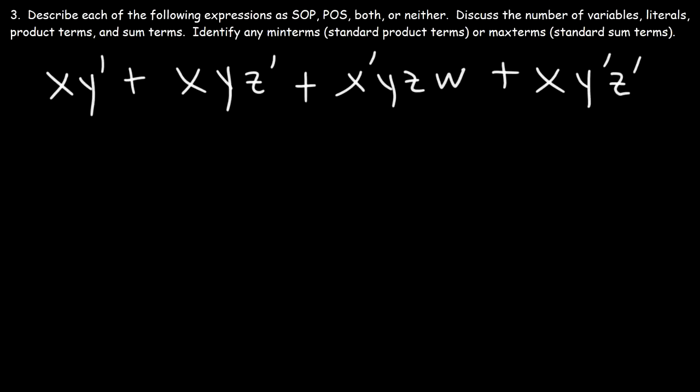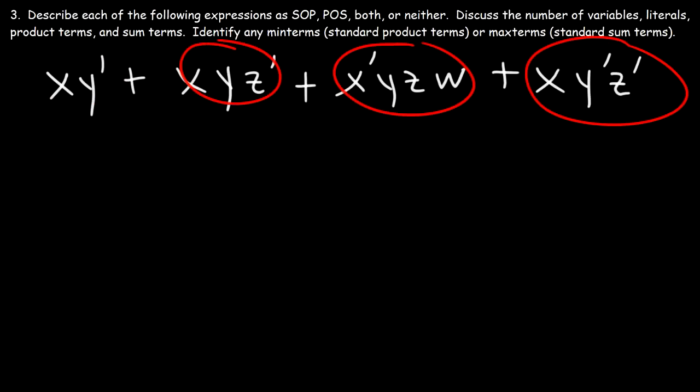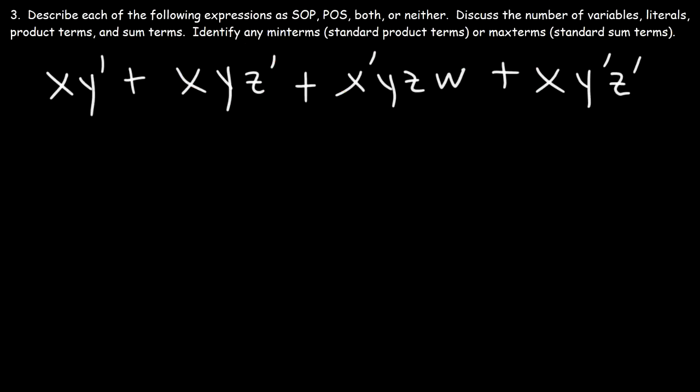So is this a sum of products expression or a product of sum expressions? Or is it both or neither? So this is a product term. Each one of these are product terms. Now, just to review, one literal could be a product term. So x is a product term.